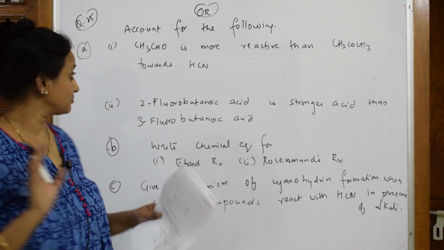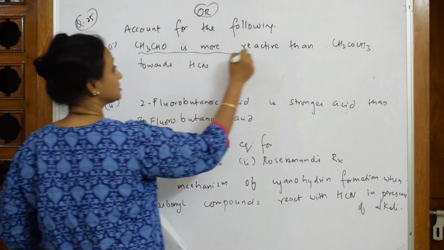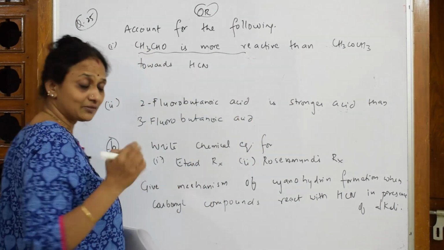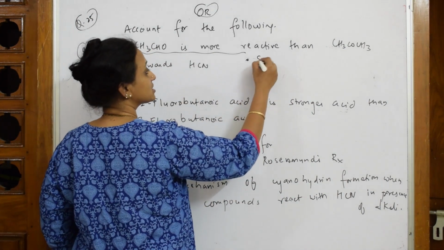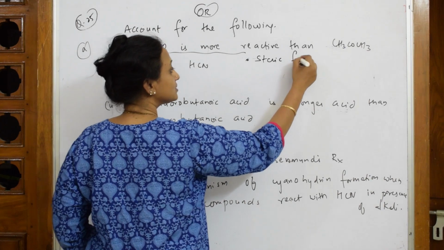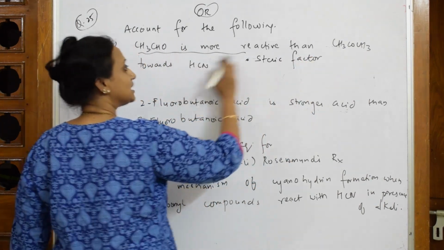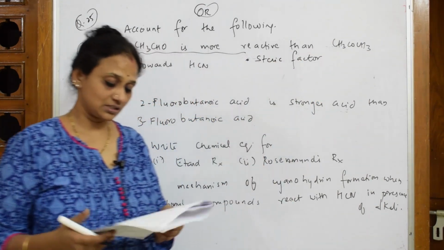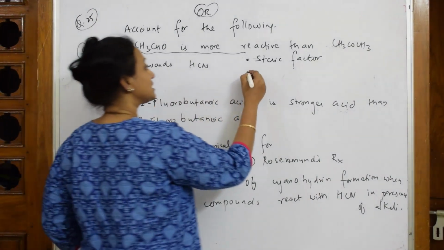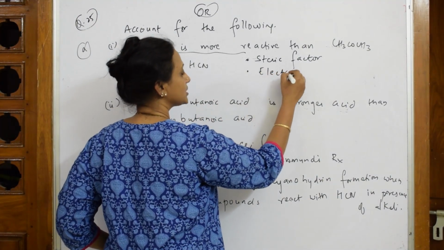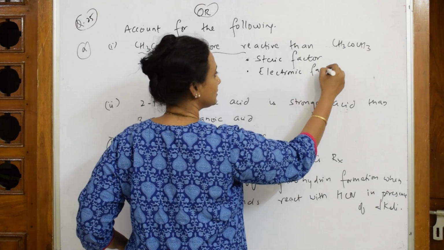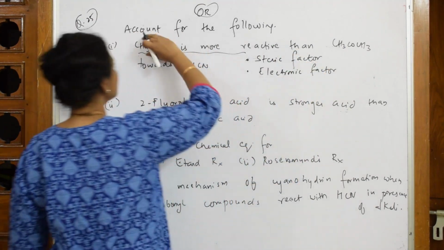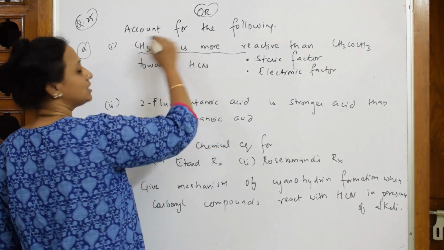In this case this is more reactive, but this is less reactive. That is because of the first reason, steric factor. The steric factor is hindering HCN addition to the ketone. You can also write electronic factor, which I already explained. Because of these two, this is more reactive, having a smaller hydrogen atom.